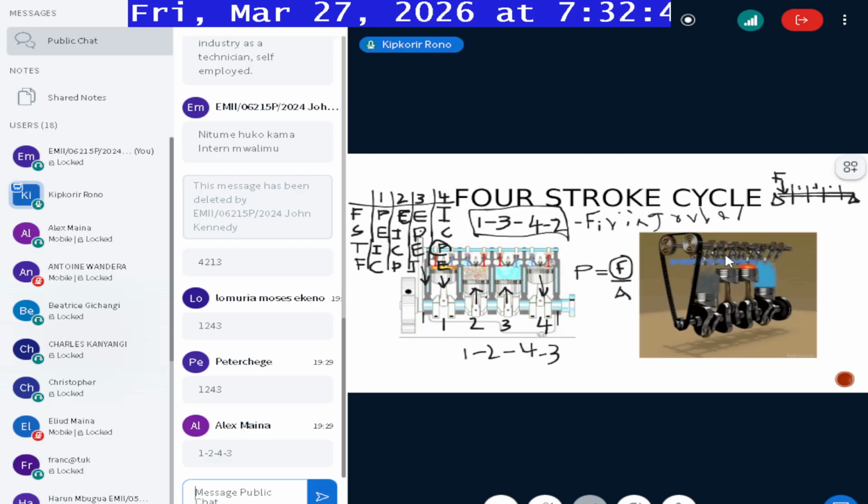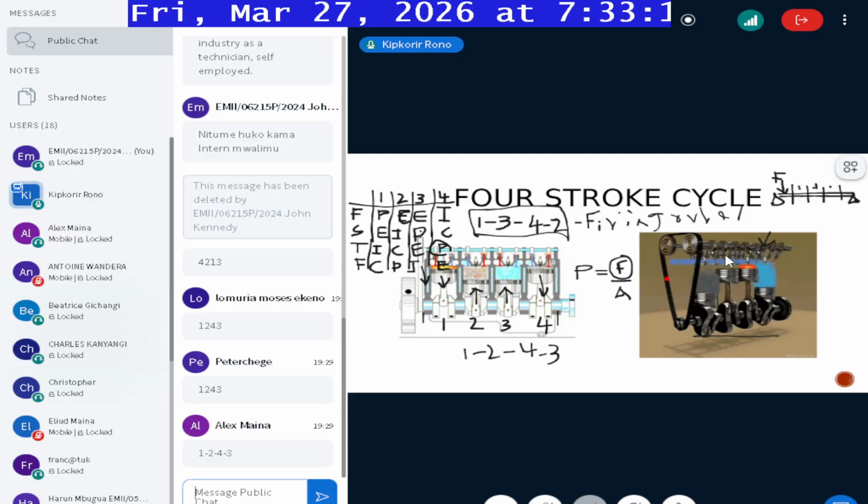Now, there's also something else I need to mention. As you can see in the image on the left, the crankshaft is synchronized with the camshaft. This is a camshaft, a type of shaft you call the overhead camshaft.